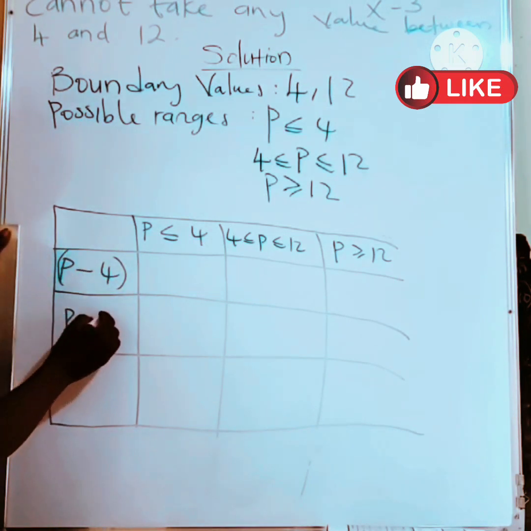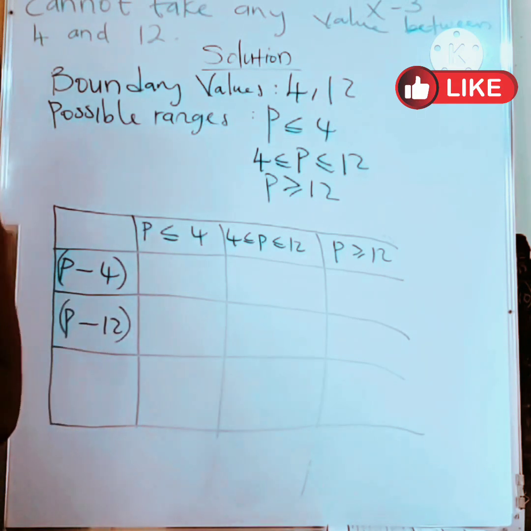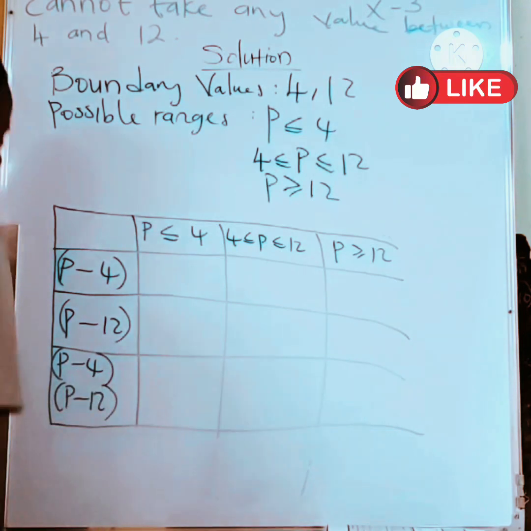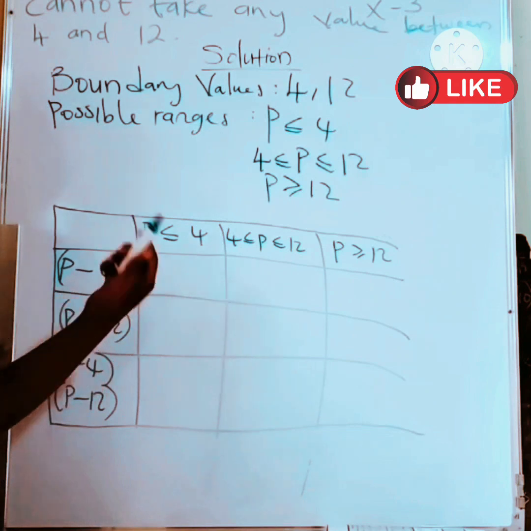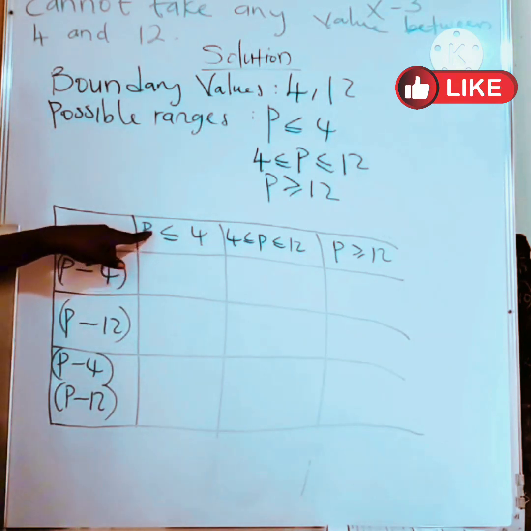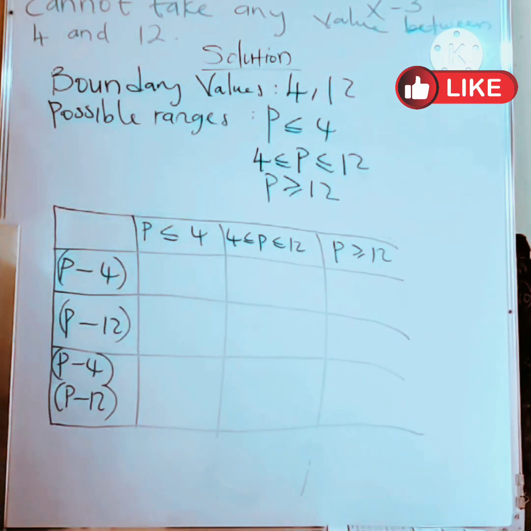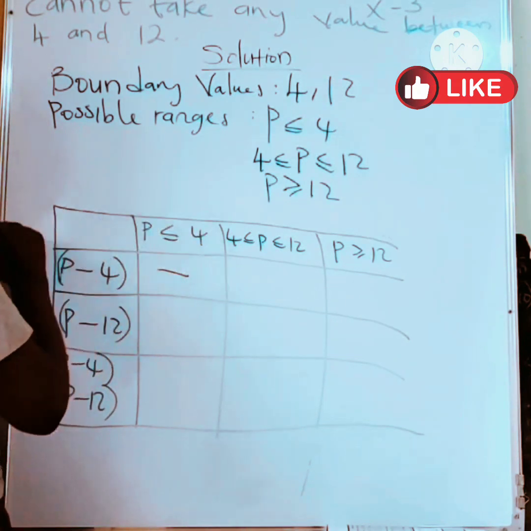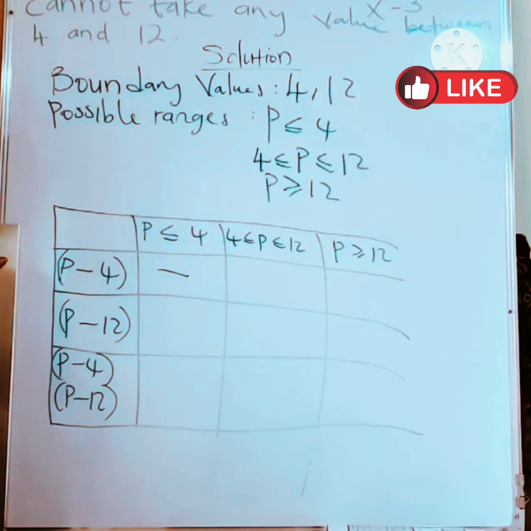Our second factor is p minus 12. That will give us p minus 4 into p minus 12. To verify that, we'll pick any value in the range p less than or equal to 4, for example 3. 3 minus 4 will give us negative 1. So it's a negative value. No matter the number that we pick in this range, it will give us a negative value.